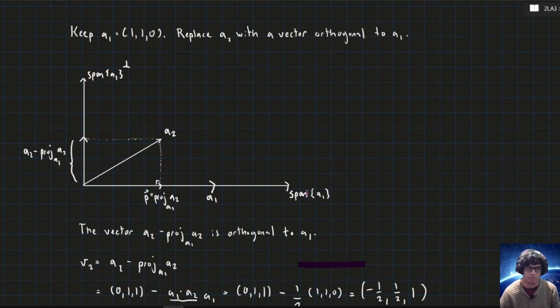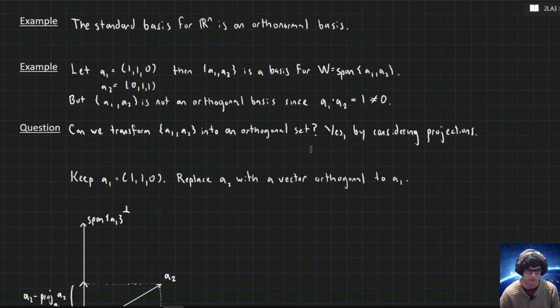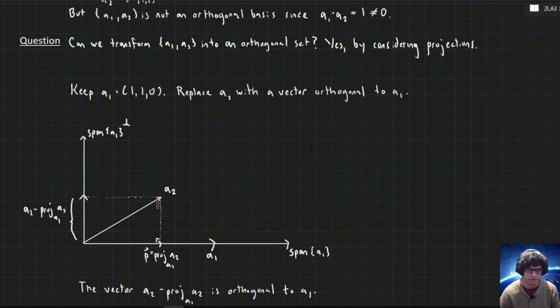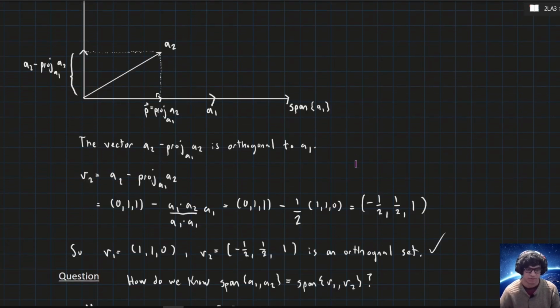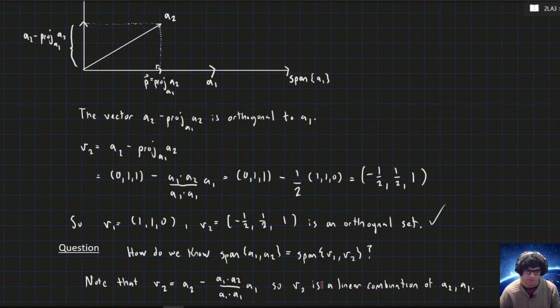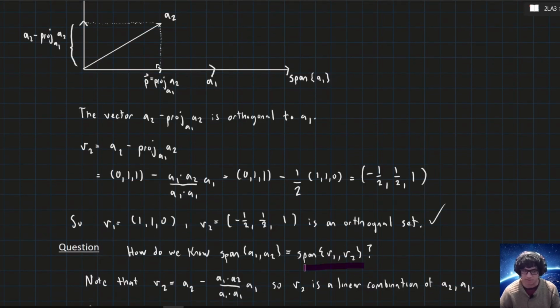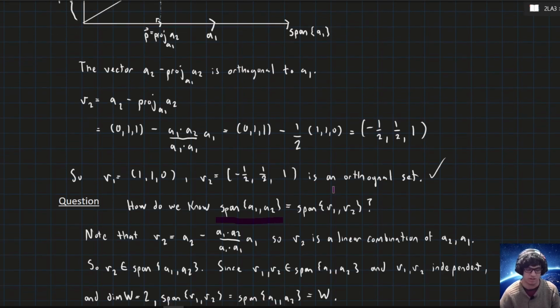I'm looking for a basis for W, right? How do I know that when I transformed A2 into V2, that didn't change the span? The span of V1 and V2, since they're independent, is going to be a plane. How do we know it's the same plane as the original plane is the question.